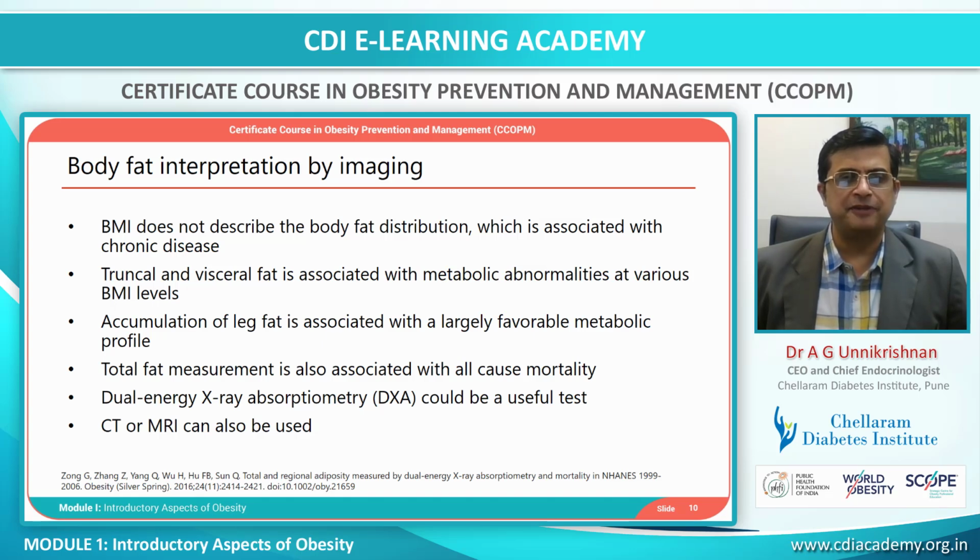The total body fat measurement is also associated with all-cause mortality. Dual energy X-ray absorptiometry, or DEXA, could be a useful test because it quantifies the fat. CT scan or MRI scan can also be used. So these are all different ways of body fat interpretation by imaging.